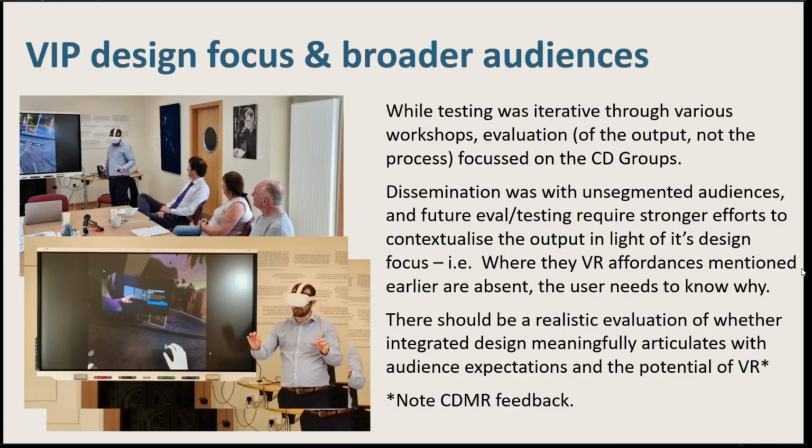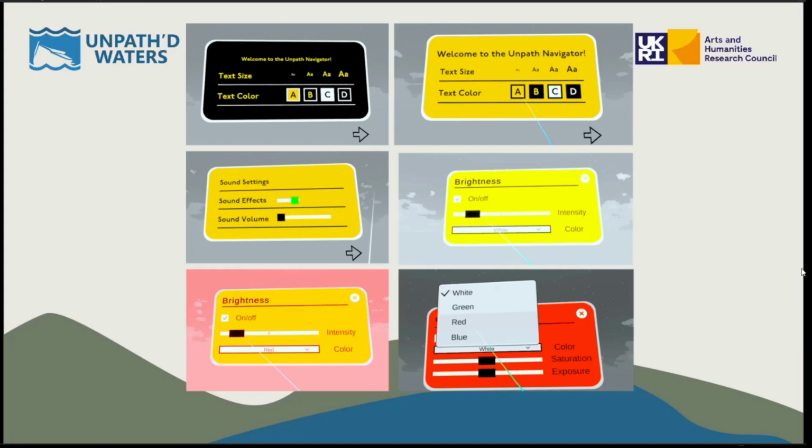This is not what our visually impaired audiences were looking for. And consequently, I think in the evaluation process, we needed to think about managing audience expectations and making it clear to all the users what the design process was.